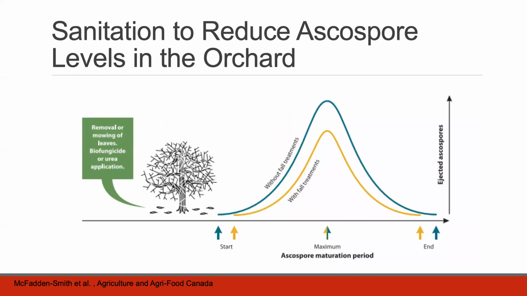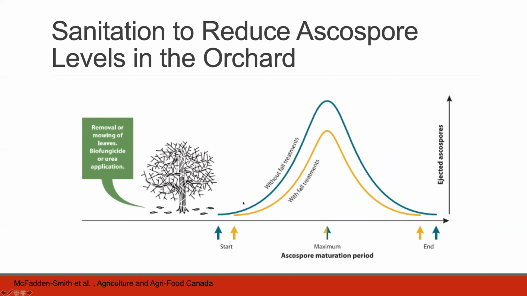So the breakdown of the leaf debris, either by mechanical, chemical, or biological means, allows for a reduction in the quantity of ascospores that will be produced in the spring. And research has shown that these sanitation procedures can reduce ascospores by as much as 95%. However, regardless of whether or not you break down the leaf debris, the ascospore maturation pattern will not change.